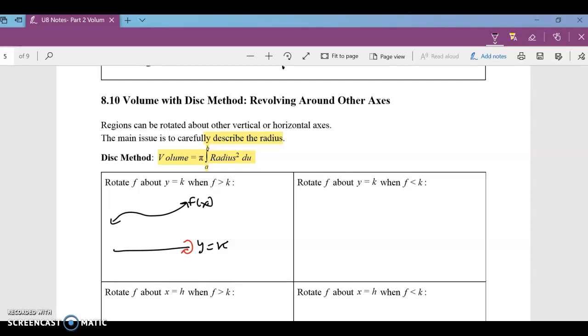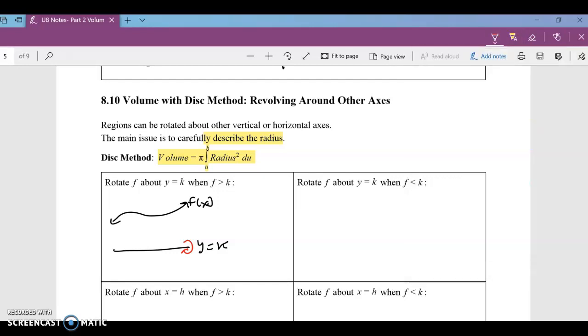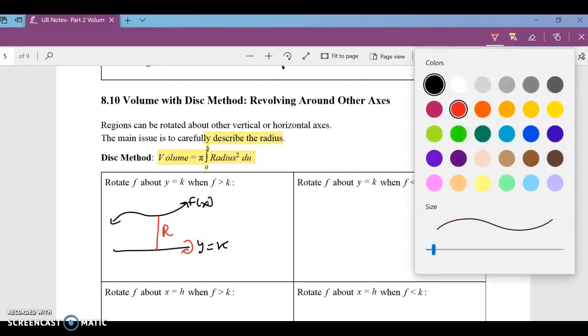If I'm rotating about that line, it's important that I mark the radius. The radius will be perpendicular to the axis of rotation, so I have a vertical line for my radius. I'll just call that r. What I have to do is describe that radius.